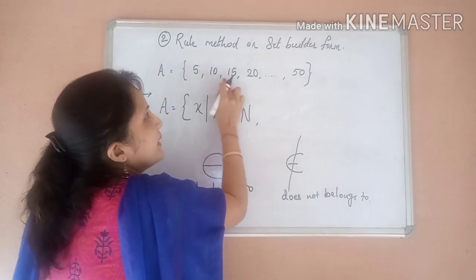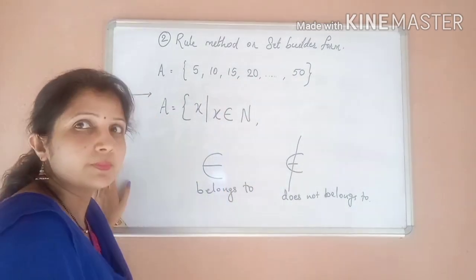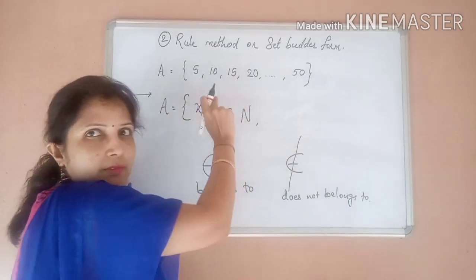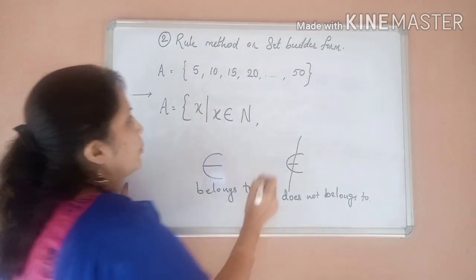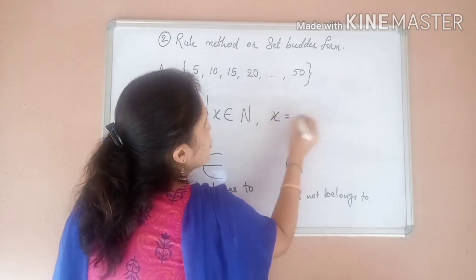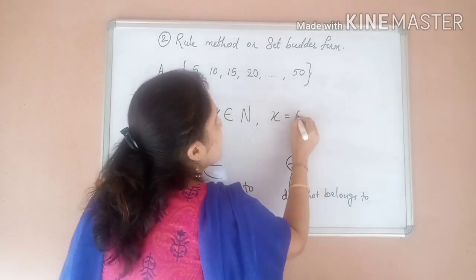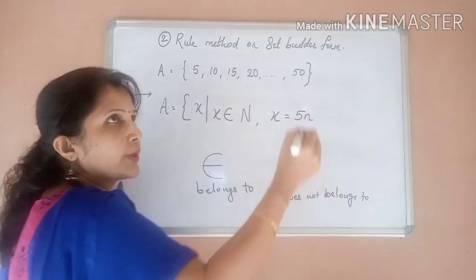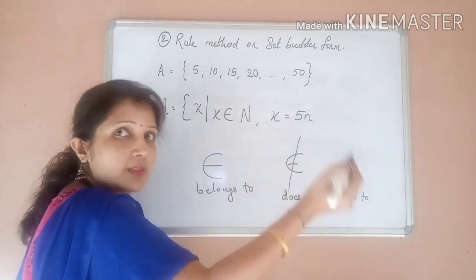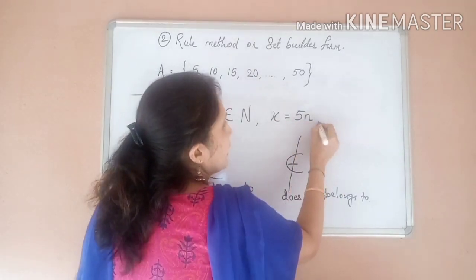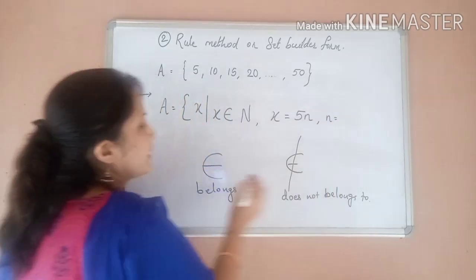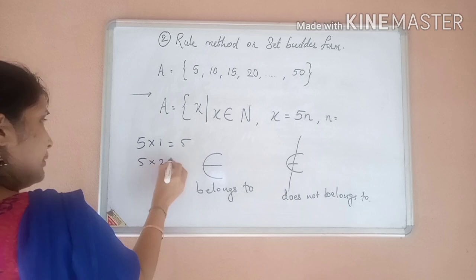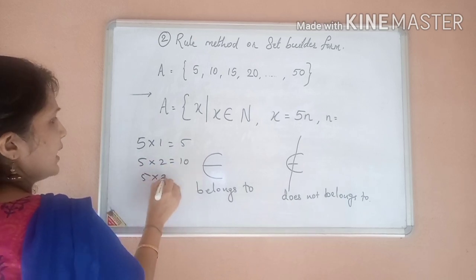Now, you must have understood what it is. Yes, it's the table of 5. So x is equal to the table of 5. That means 5 into 1 is 5, 5 into 2 is 10, 5 into 3 is 15. So 5n, where 5 into 1 is 5, 5 twos, 5 threes.